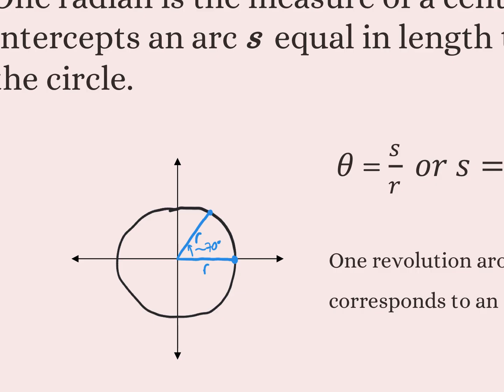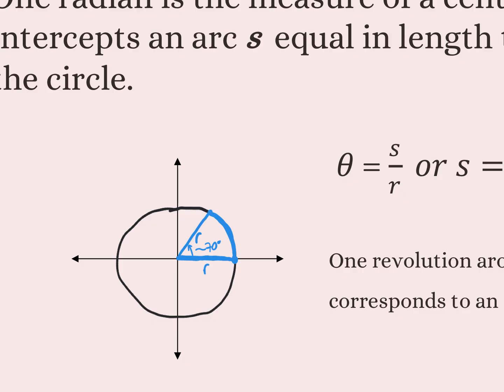But let's say you take this radius right here and you fit it so that it's directly on the circle. This little arc of a circle. If you remember from geometry, an arc is like a little piece of the circumference of the circle. So I'm going to take this arc right here, and I'm going to say that this is one radius measurement.